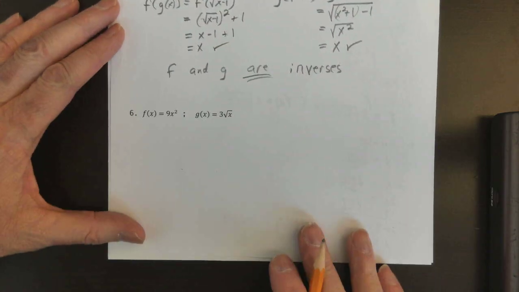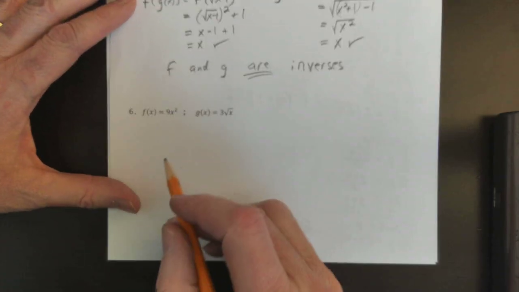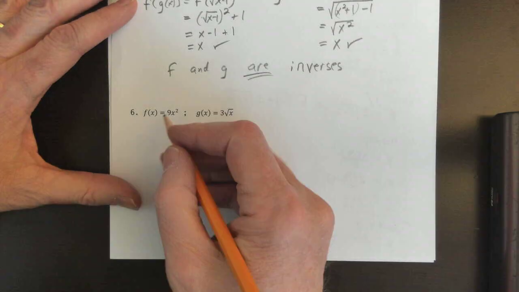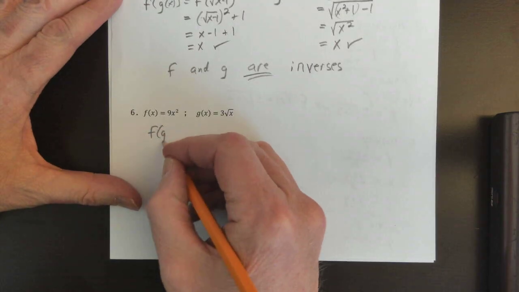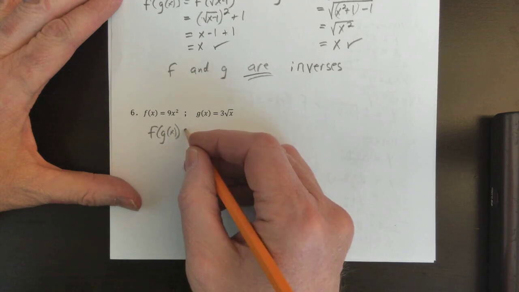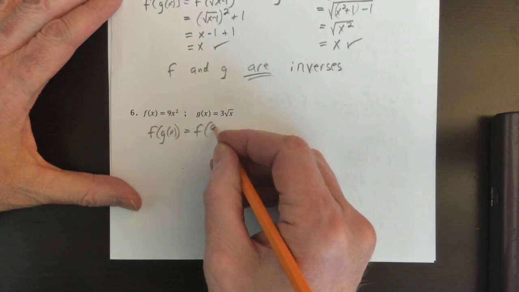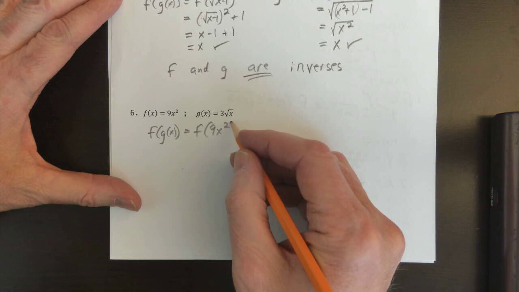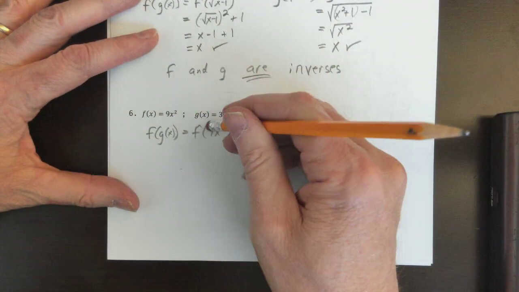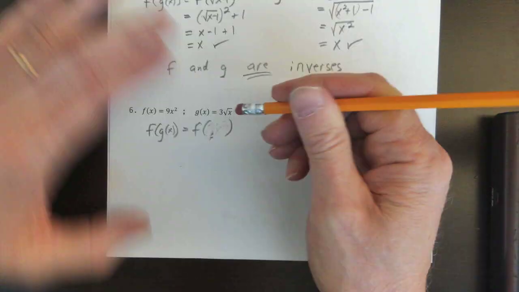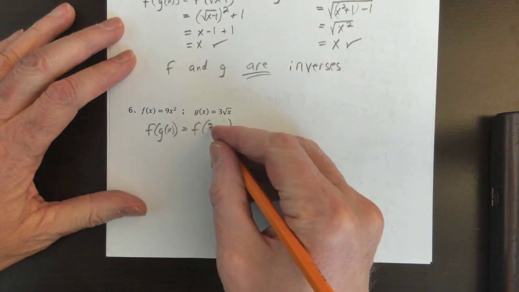All right. And let's try it one more time. We're going to find f of g of x. That's f of 9x squared. Nope. That's what f of x equals. That's f of 3 radical x.